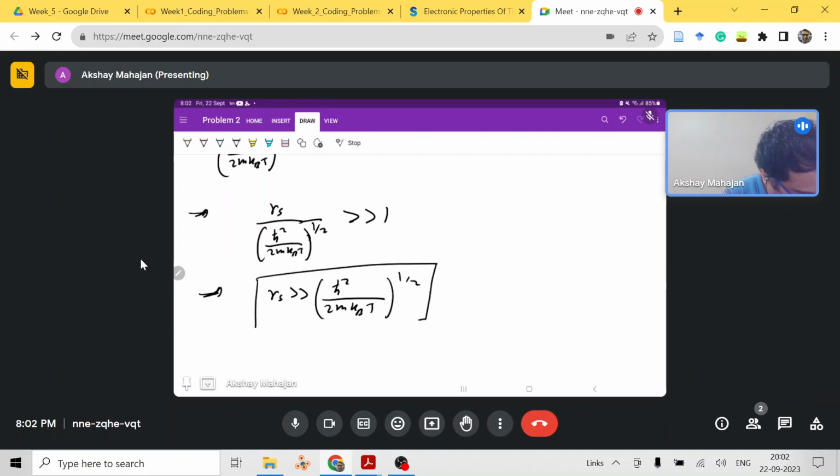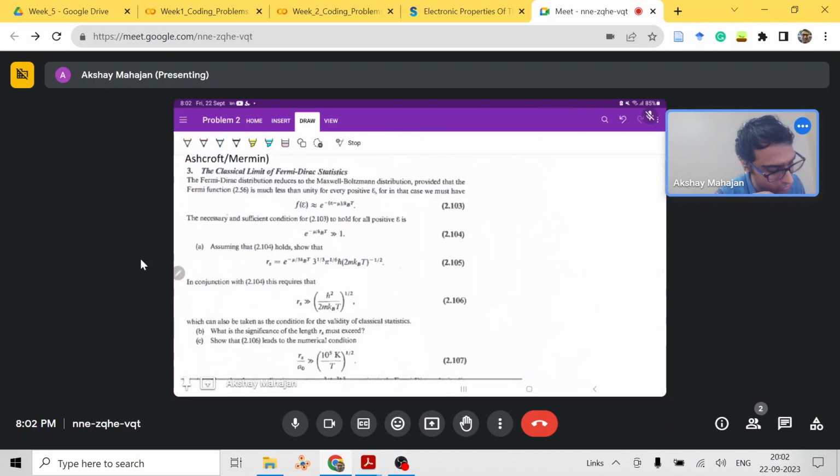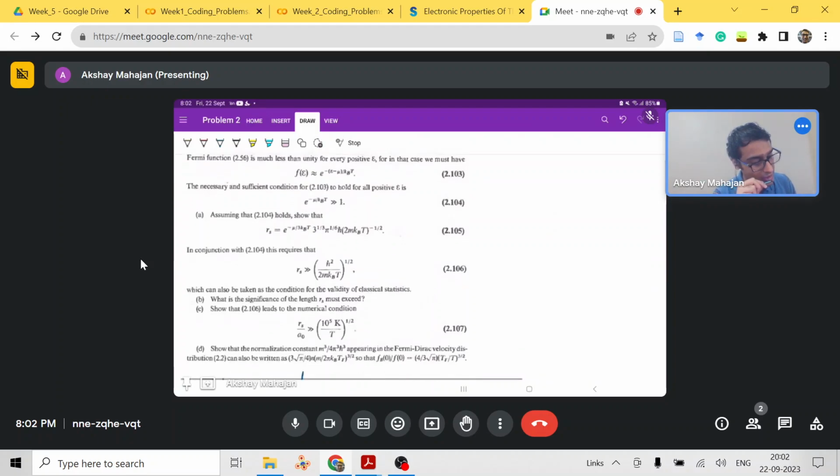So this is the lower limit we have found on rs, and that was the second part of this part A.